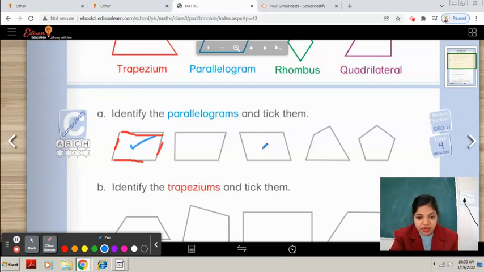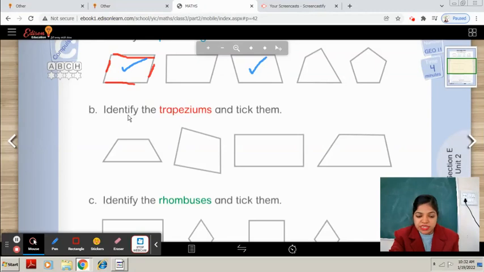So this is the parallelogram. We will tick on it. Now you can see the fourth. This line is not parallel to this, and this is also not parallel to this line. So this is not the parallelogram. And see this figure, 1, 2, 3, 4, 5 sides. This is a 5-sided figure, so it is not a quadrilateral. Right, students?